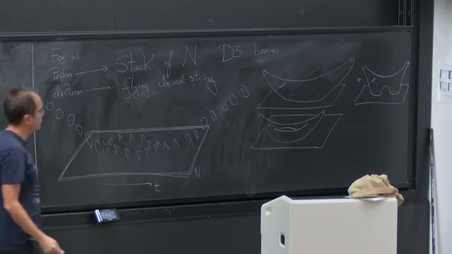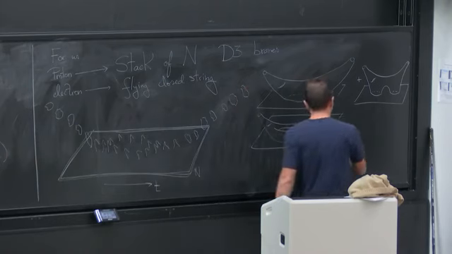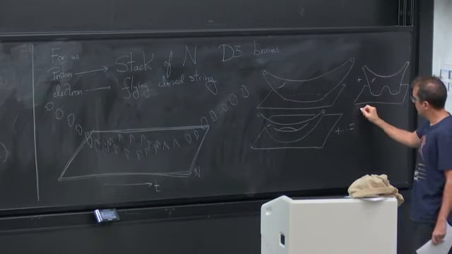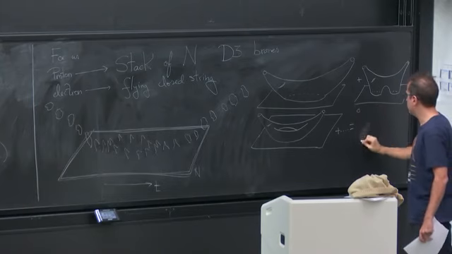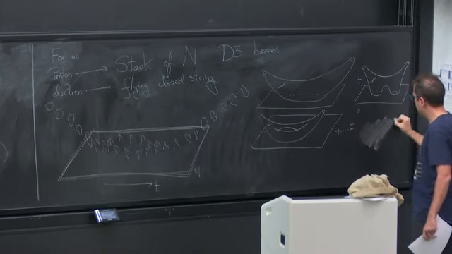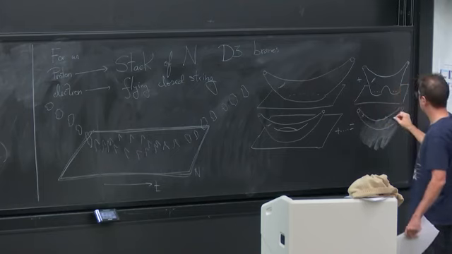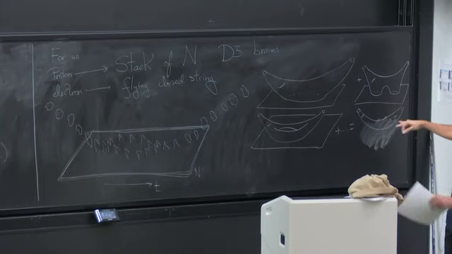And so the question is, can I then sum this all up and replace this instead by the string that moves in a non-trivial background? This closed string that just moves in some non-trivial background. Perhaps still splitting sometimes and joining, but moving in some non-trivial background.